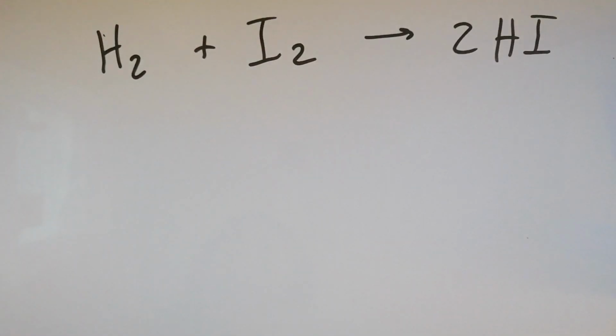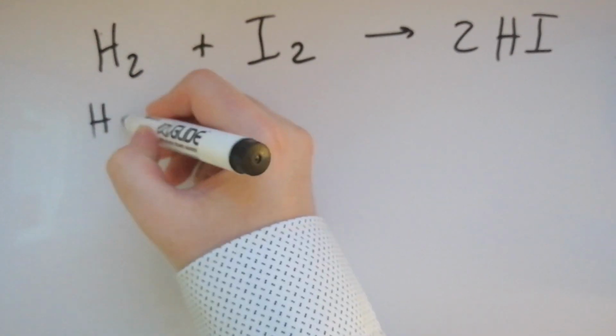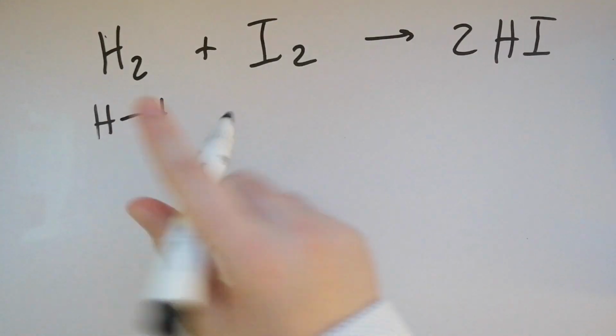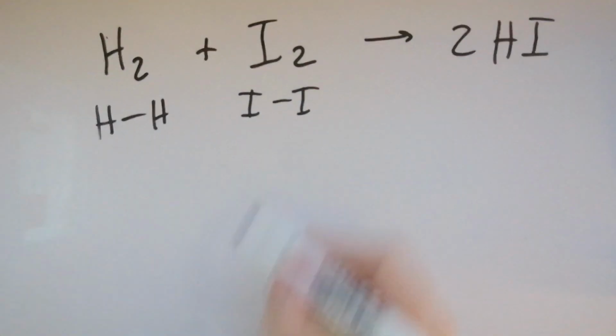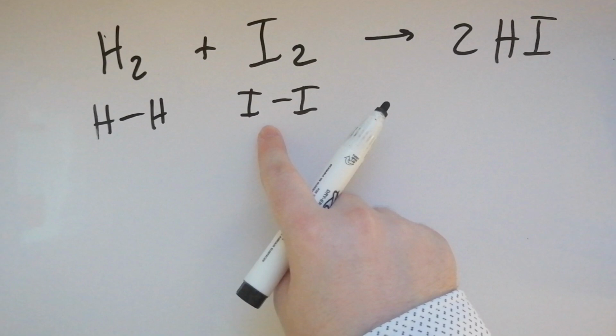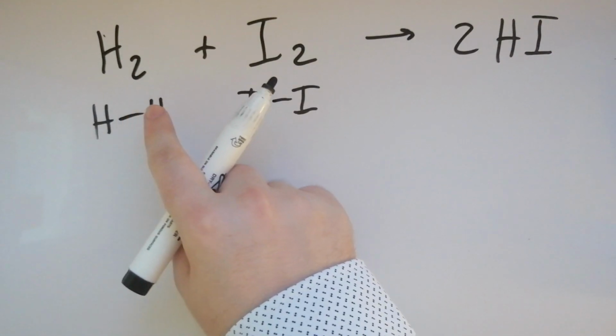On the reactant side, we have H2, so we can draw the molecule like this. So we have two atoms of hydrogen. Same thing here with iodine. So I is bonding with another I. So these are the reactants of the reaction.